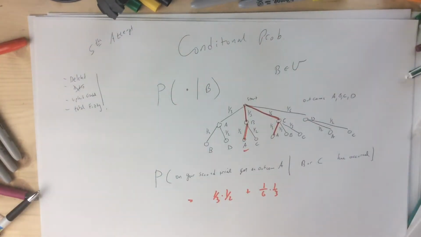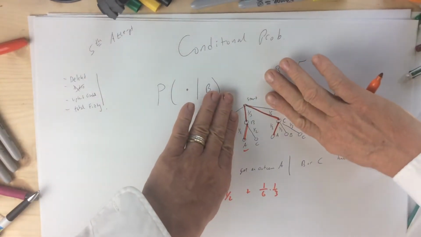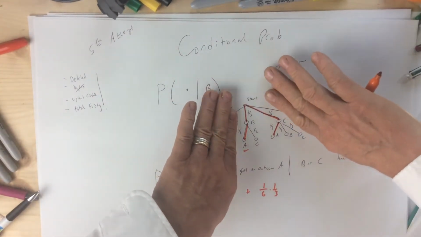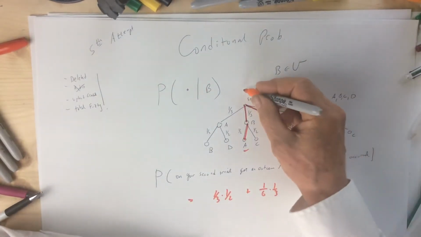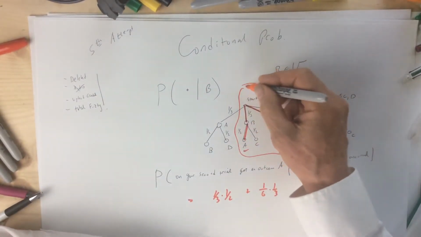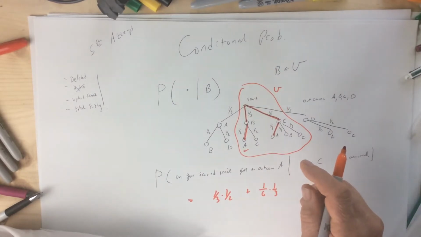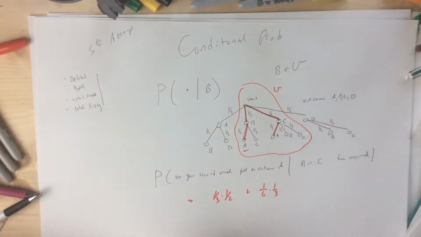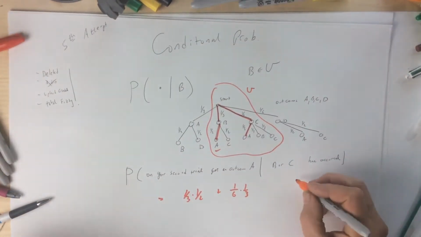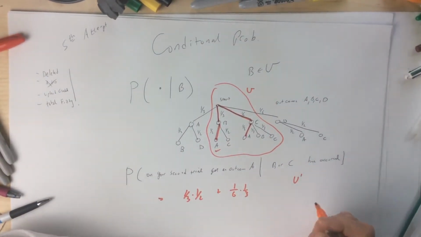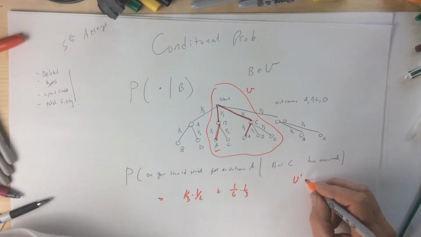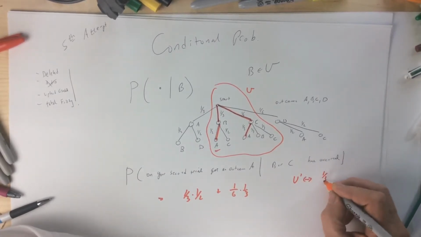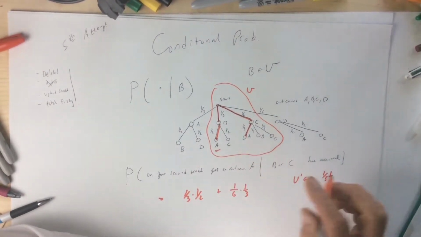But we are told you went down this, so there are other outcomes in this part of the tree, and we should really realize this is our universe. The only thing we know happened is we've gone down this tree. So in our limited universe, we're interested in these probabilities, but I want you to notice that your limited universe doesn't have a complete probability of 1, because the limited universe has a 1/3, 1/2 to reach here.